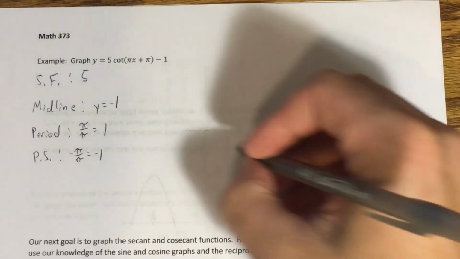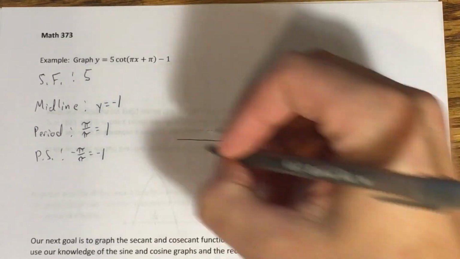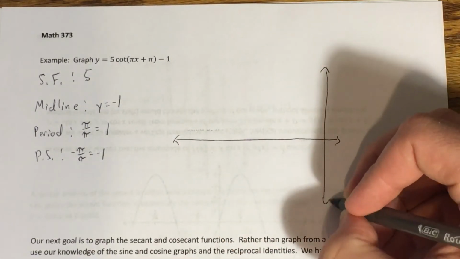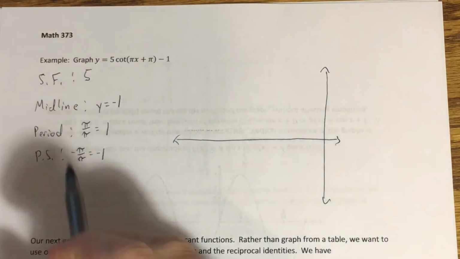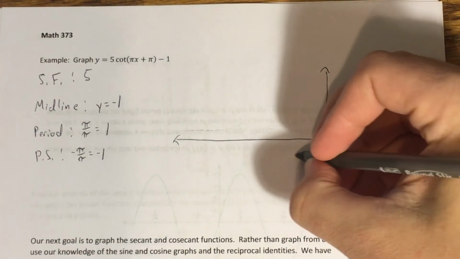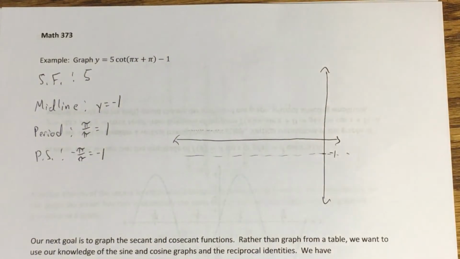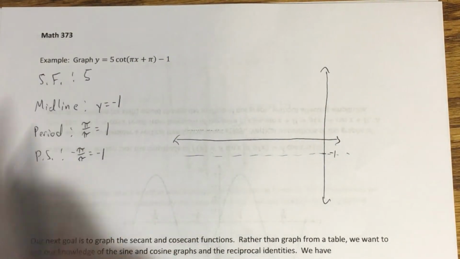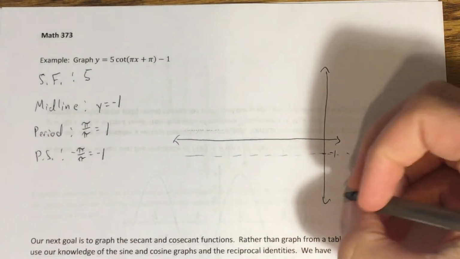I can see that I'm going to need more space to the left of my y-axis here. Okay, so let's start with the midline, -1. Okay, and then my stretch factor, I go up 5 and down 5 from -1.